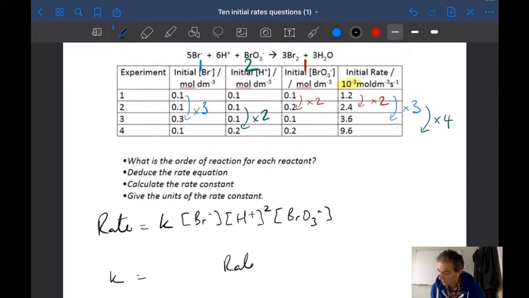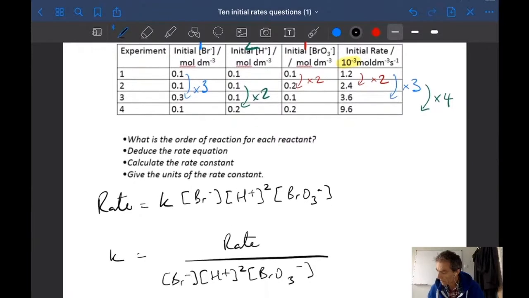So rate over all of that lot, Br minus, H plus squared, BrO3 minus, and then substitute in all of the numbers, and don't forget about this 10 to the minus 3. I'm just going to give you the answer now. So it came out at 12. I used row 1 as usual.